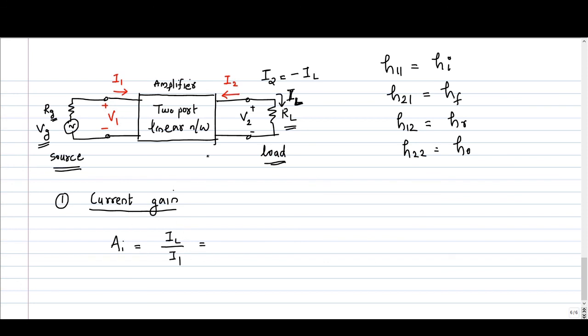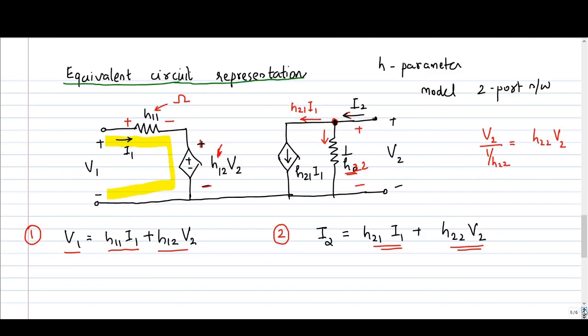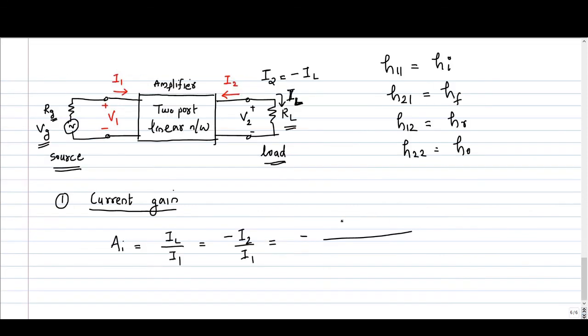So current gain of this circuit is output current, load current IL divided by input current I1. So IL is nothing but minus I2, we have seen. So minus I2 by I1. So what is I2? From H parameter model, we know that I2 is nothing but H21 I1 plus H22 V2, divided by I1.